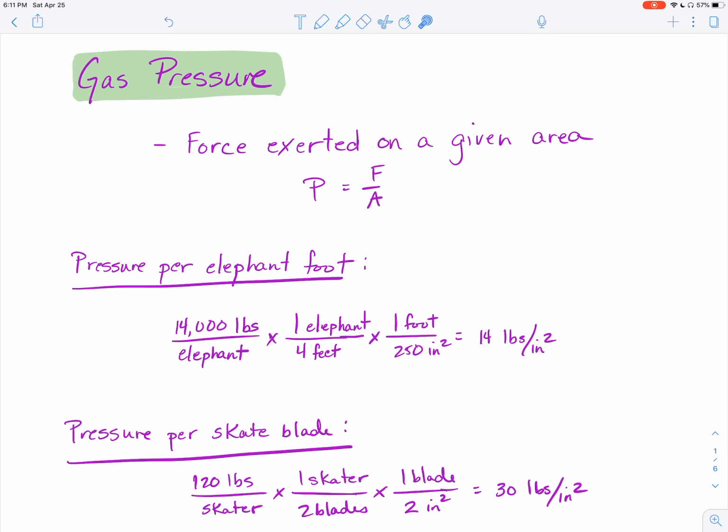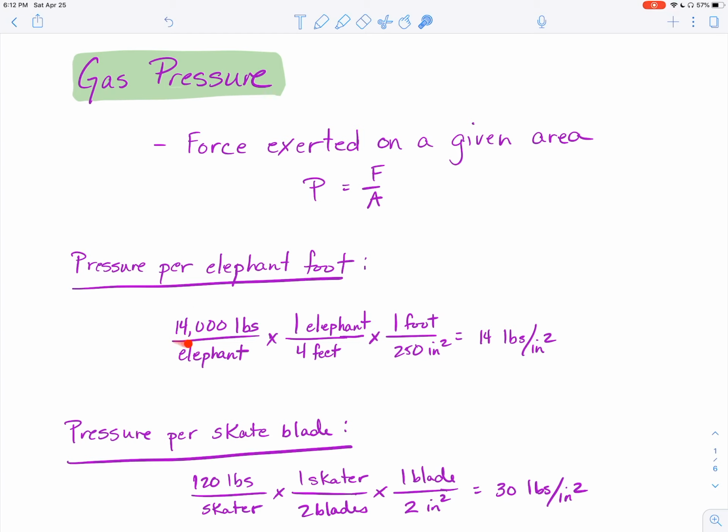Based on these types of calculations, you can show that certain items have more force per area even though that particular item happens to be larger than something else. This is shown really well by calculating the pressure of the elephant foot versus the pressure of the skate blade.